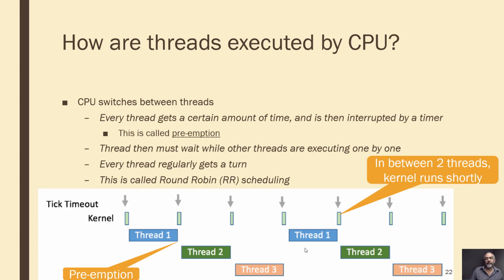If thread 1, 2, and 3 all have the same priority, then it will work like this. They get an amount of time and then they have to give the other two an opportunity to run. But if one of those 3 would have a higher priority, then that one would always run. There would be no round robin. A round robin is only between threads of equal priority.